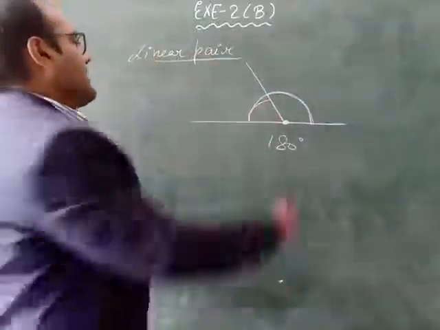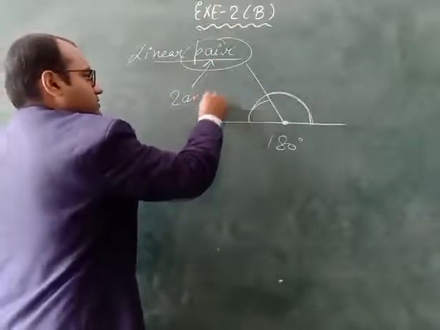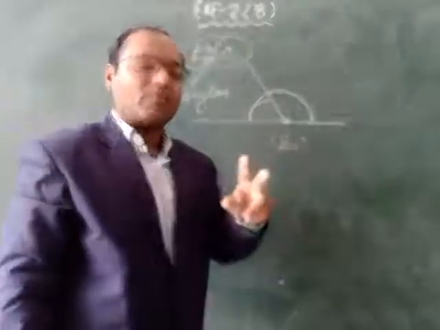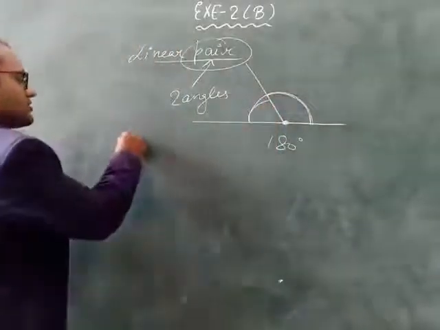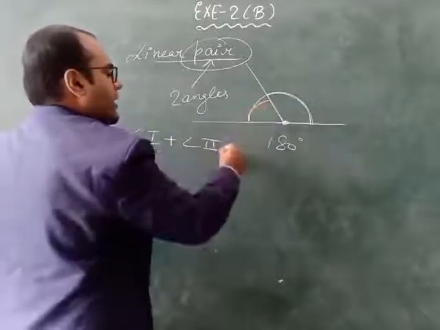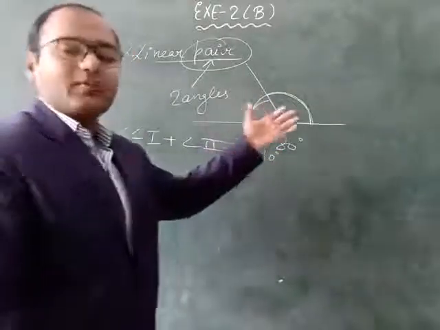So pair means two angles. So here two angles we are having, and the sum of these two angles, angle first plus angle second, when we add these two angles, their sum will be 180 degrees. Why will their sum be 180?